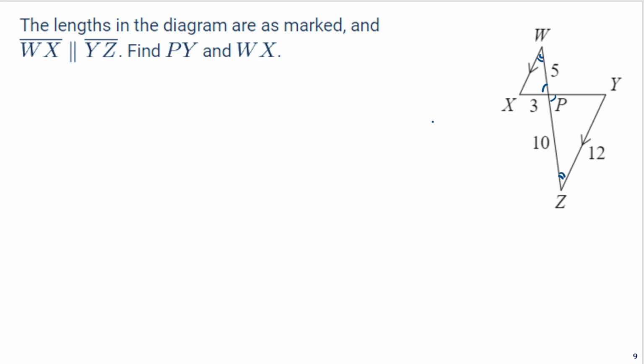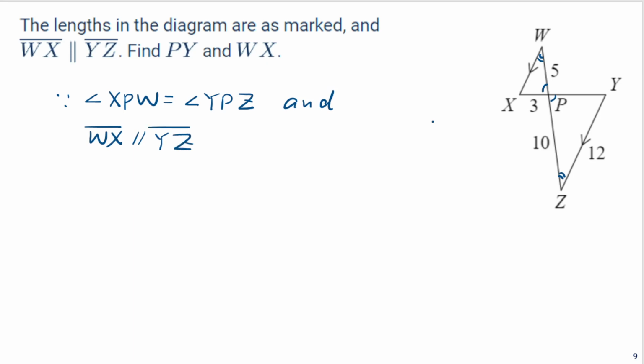Then we know, because angle XPW equals angle YPZ, and a pair of parallel lines indicates corresponding angles are also equal, so angle XWP equals angle YZP, right?